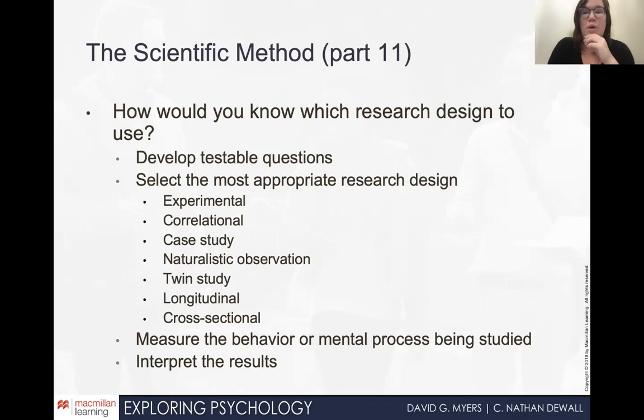So after you identify your research design, you also need to figure out how you're going to measure what you're trying to look at. How are you measuring the behavior? How are you measuring the mental process? Which also depends on how you are defining what you're looking at. And then how are you going to interpret the results?